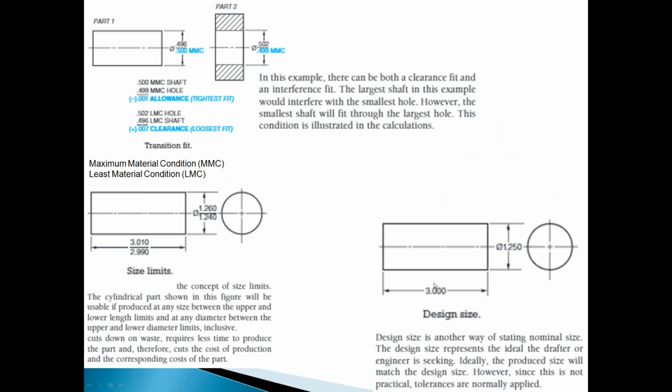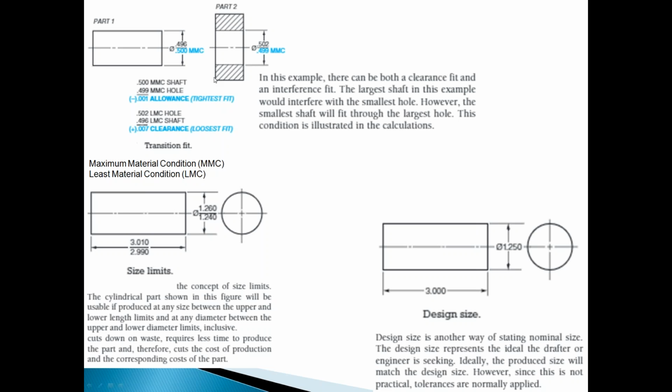So in this example, there can be both a clearance fit and an interference fit. The largest shaft in this example would interfere with the smallest hole. However, the smallest shaft will fit through the largest hole. This condition is illustrated in the calculation.